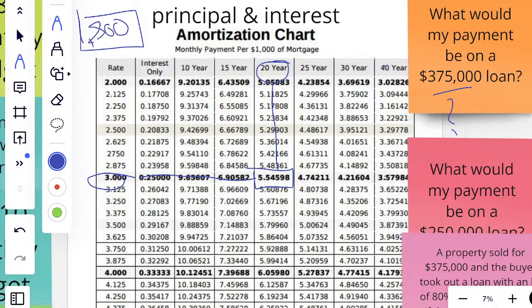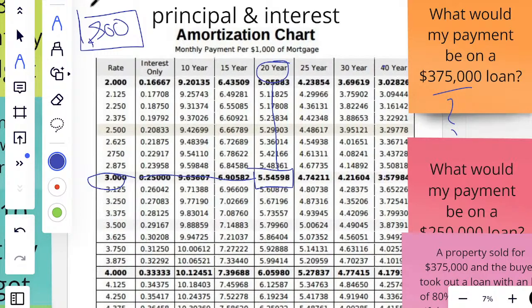They might also give you multiple scenarios. They might say they're approved for a 20-year at 3%, and for a 25-year at 3.25%. Which one would give them the most buying power? They might ask you that, or they might ask you the difference. What would we do with this information?